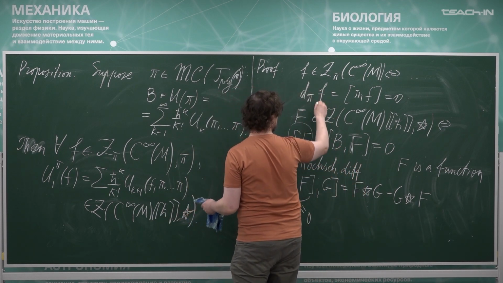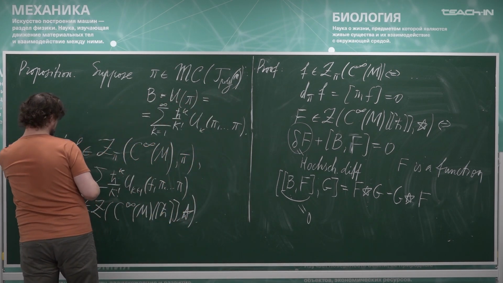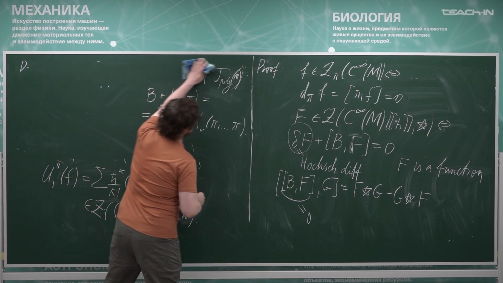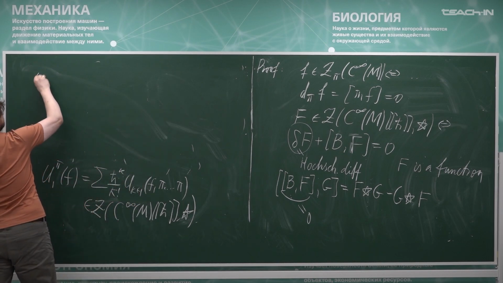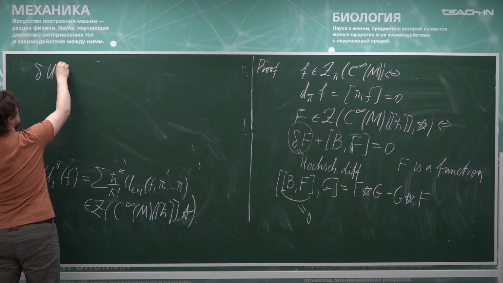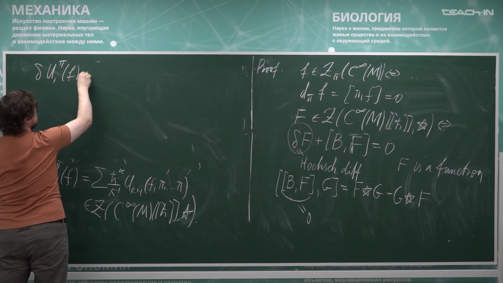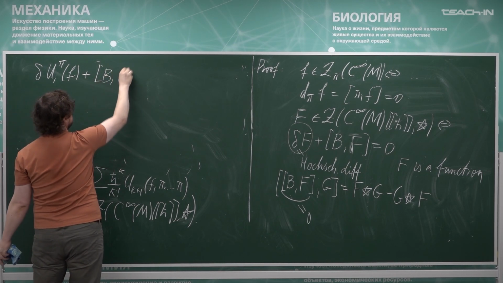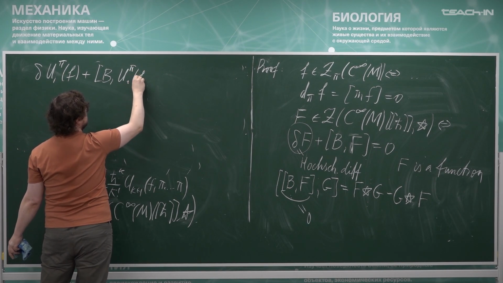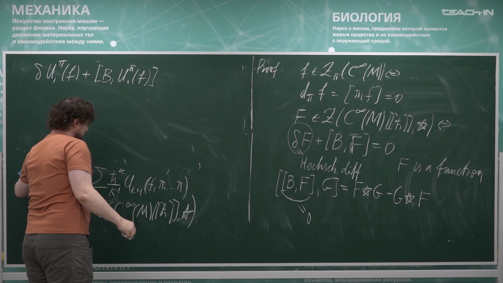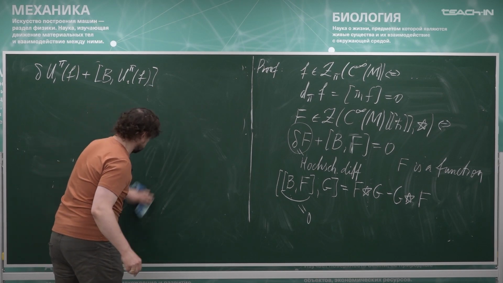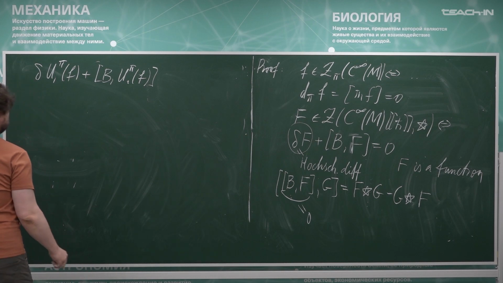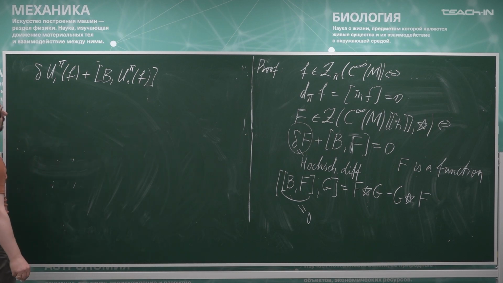Now, to prove that U1 sub pi of F verifies this equation, so delta of U sub pi 1 of F plus the bracket of B and U pi sub 1 of F verifies this equation, can be proved by straightforward computation from the definition of the L infinity morphism.